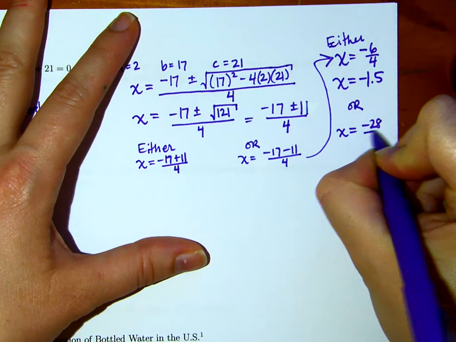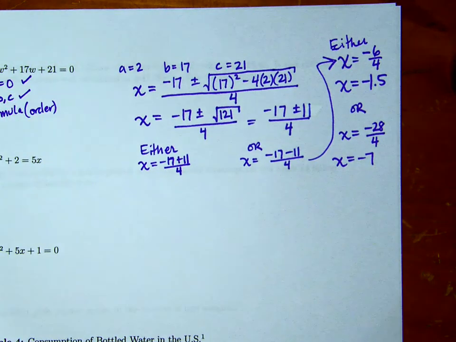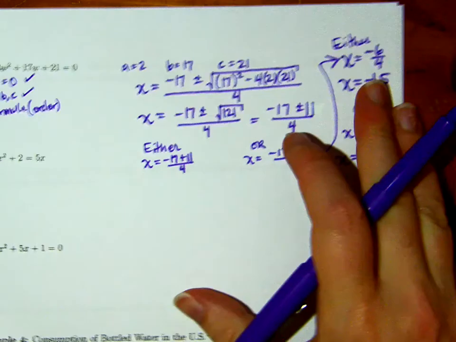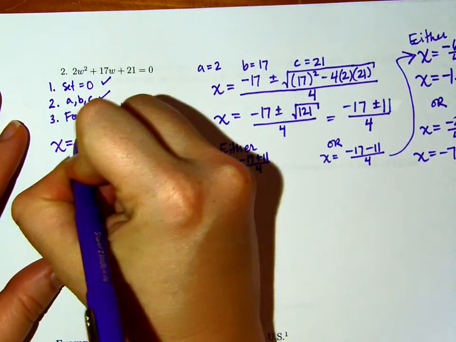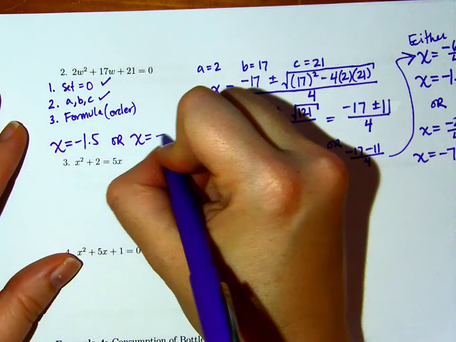Negative 28 divided by 4. Okay, so even though it was a lot of work, now we have our solutions. Step 4, write our solutions. x equals negative 1.5, or x equals negative 7.